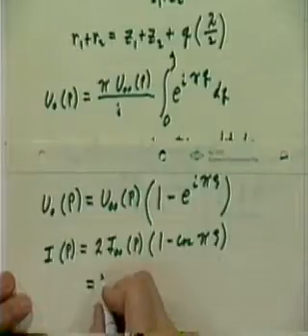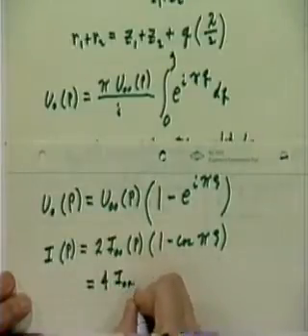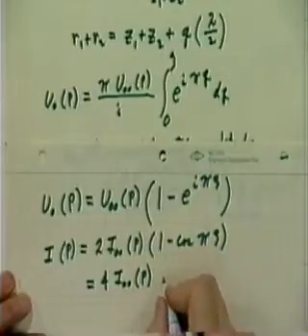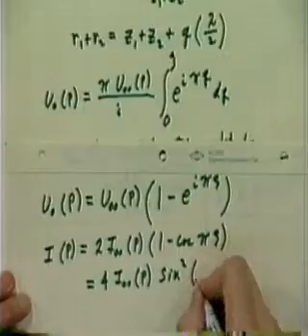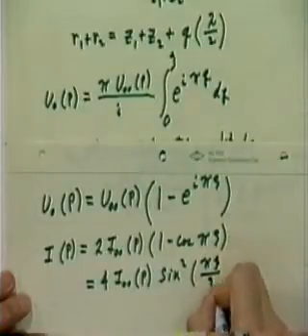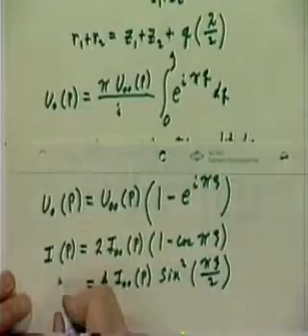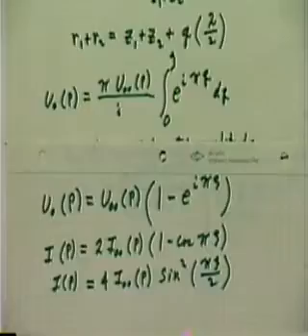And so that's equal to 4 I00 of p times the sine squared of pi squiggle over 2. And I should draw a box around that.